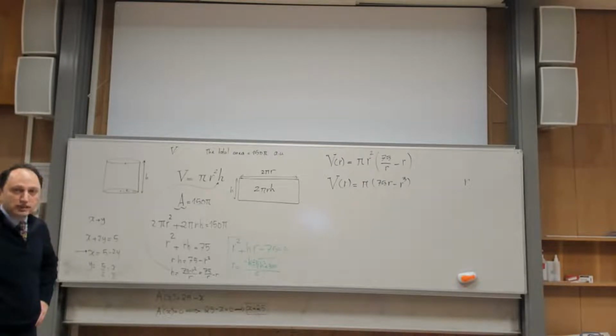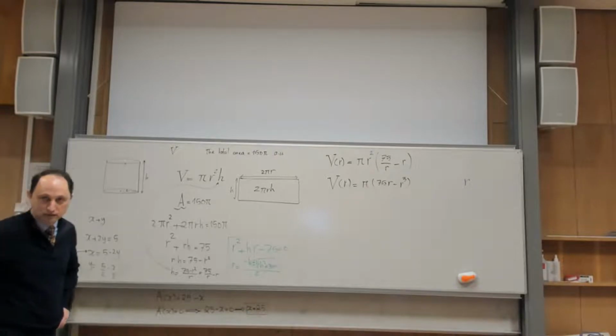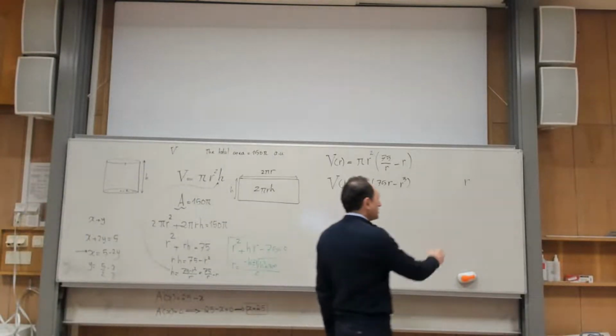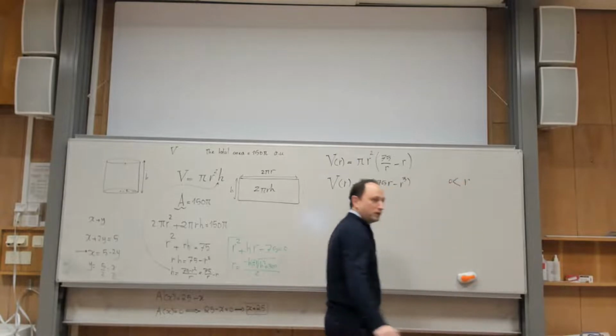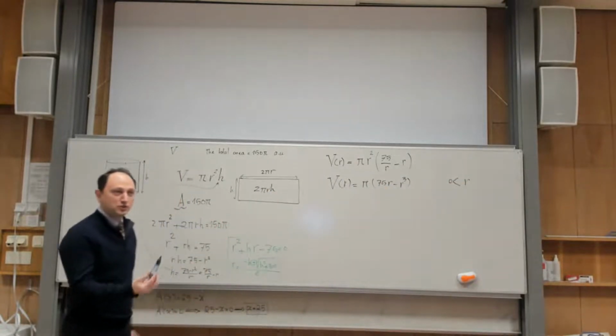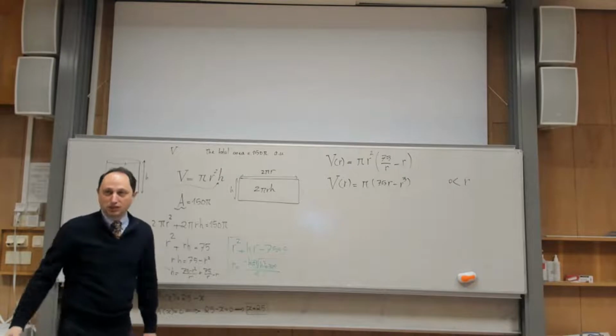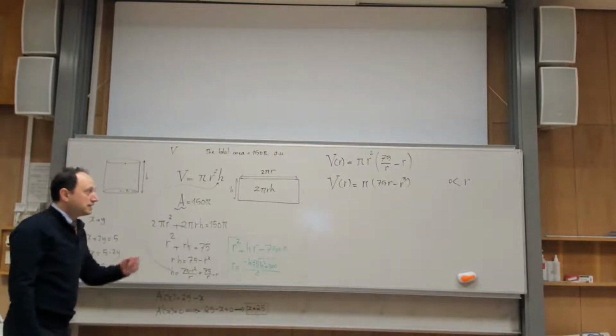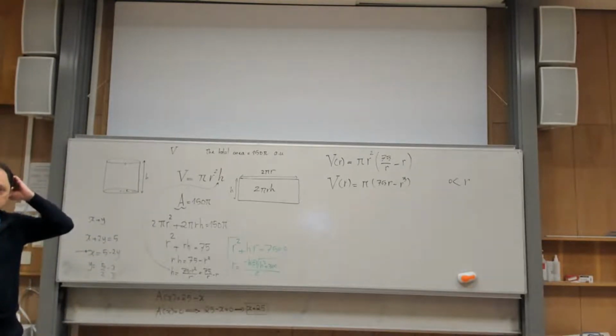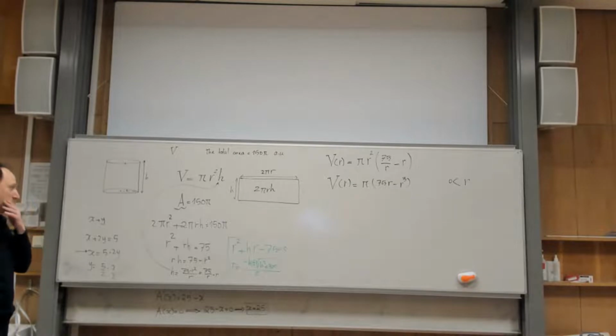The lower bound is clear because r is the length of the radius, so it cannot be negative. And even 0 is not a good choice. Do you agree with me? When you say r is equal to 0, you have just one straight, infinitely long line. But is there any upper bound for r? It's a little bit hard.